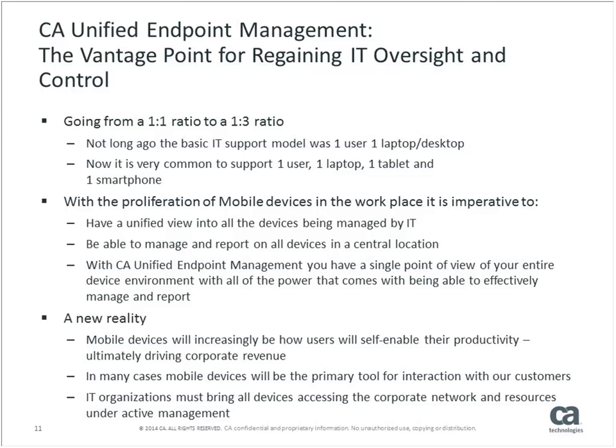By managing the email configuration on a user's device as we move them from one platform to another, we would be able to automatically reconfigure their mobile device to point to the right location and have them access their email with as little interruption as possible.